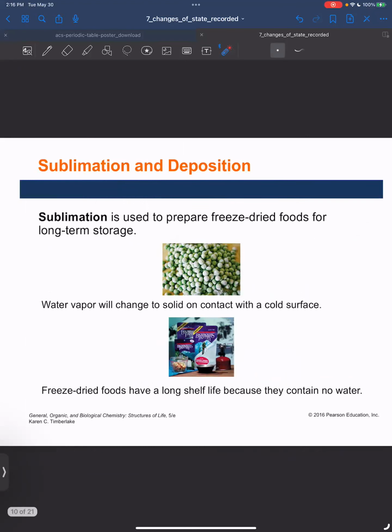Now, sublimation is a very useful technique to help prepare freeze-dried foods for long-term storage. Some of my favorite freeze-dried foods are freeze-dried strawberries or blueberries. Water vapor will change to solid on contact with a cold surface, and those freeze-dried foods have a long shelf life because they contain no water.